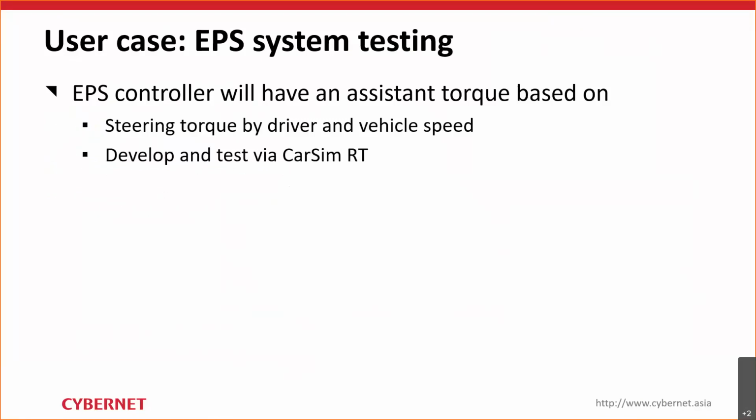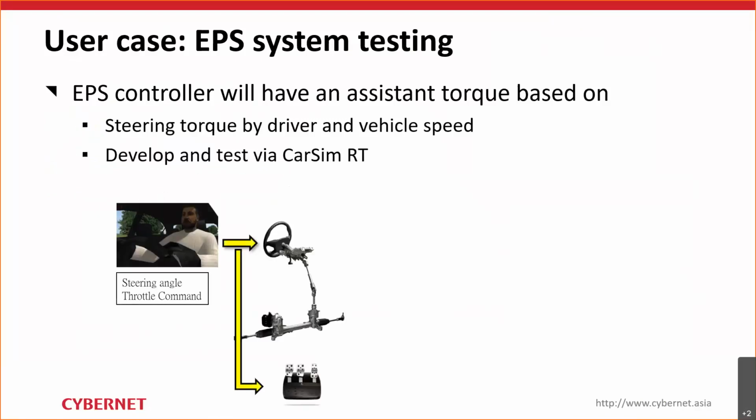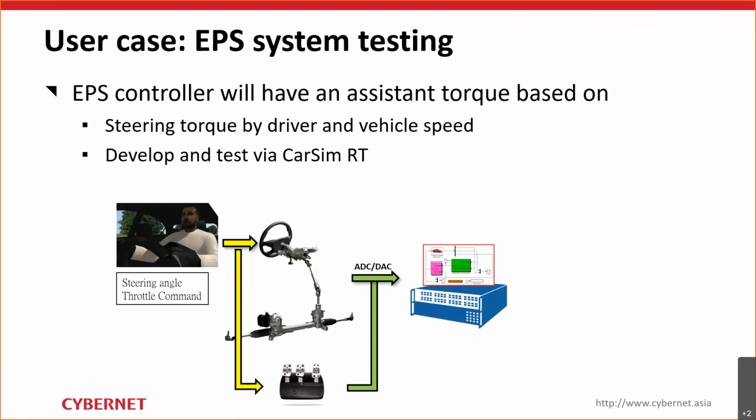The first case is the EPS system testing. For EPS controller, we must receive steering torque and vehicle speed to calculate the assistance force. In this case, we build the steering system with throttle pedals and connect them to real-time machine so that it can simulate with CarSim.